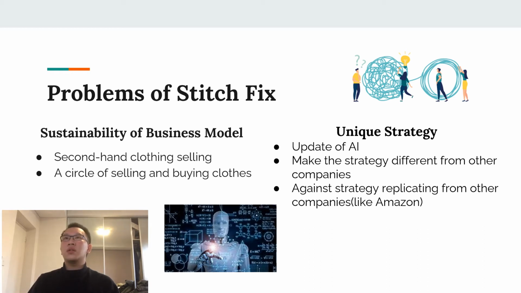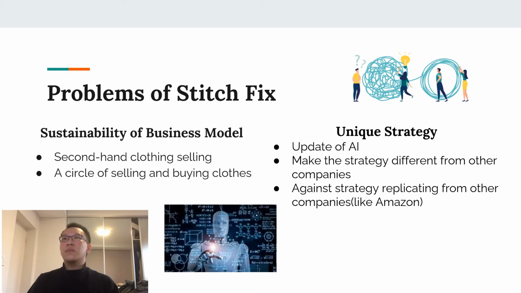Another challenge, which can even be called a threat, is making a unique and characteristic strategy to counter strategy replication from Amazon. Stitch Fix combines AI and a personal designer, so it needs to update the data of the AI frequently to keep the strategy unique and characteristic.